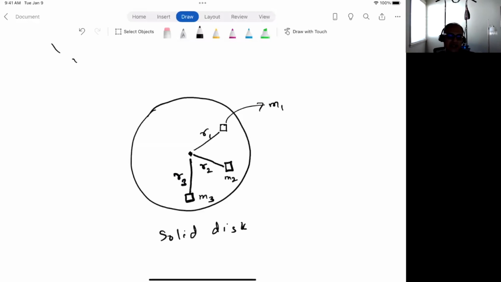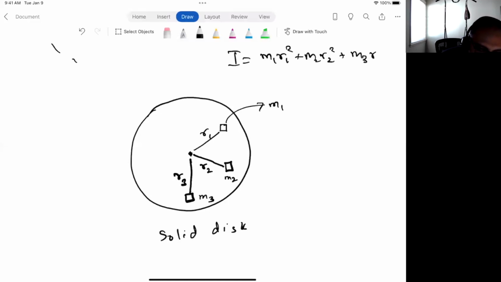So if I can do that, then conceptually I can write down the moment of inertia of the whole disk as I is equal to m1 r1 squared plus m2 r2 squared plus m3 r3 squared, and so on, simply because when the disk rotates, all these segments will rotate together, right? And moments of inertia about the same axis are additive.